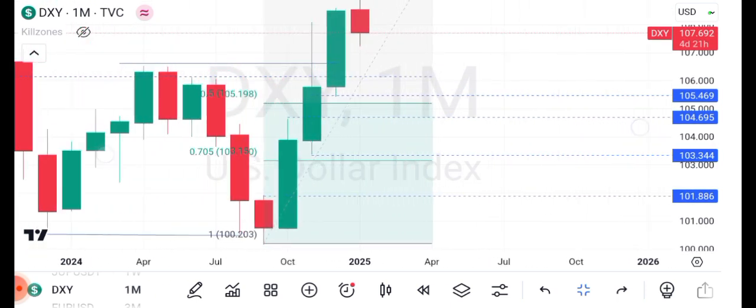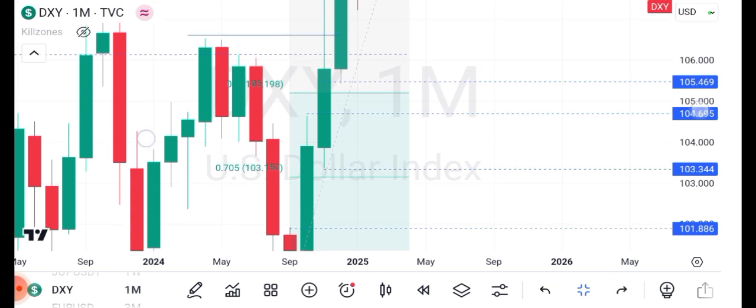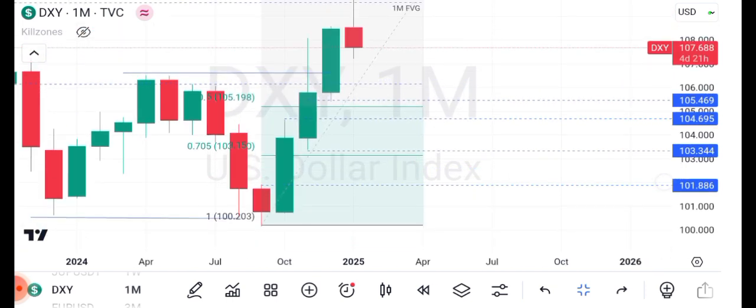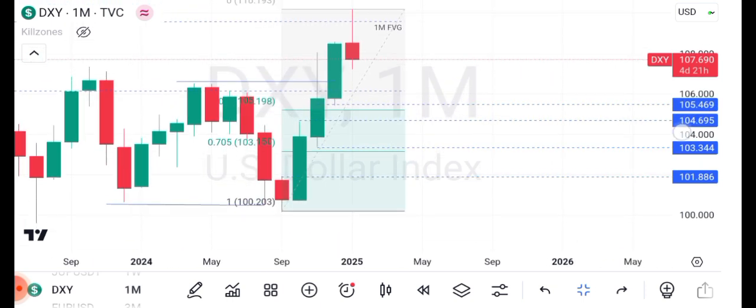So I will be taking this off because I prefer to use your Fibonacci level below your 0.75 level. This is it, a 0.705 level, or below equilibrium. Equilibrium is what? Your 0.5. That's our green zone.